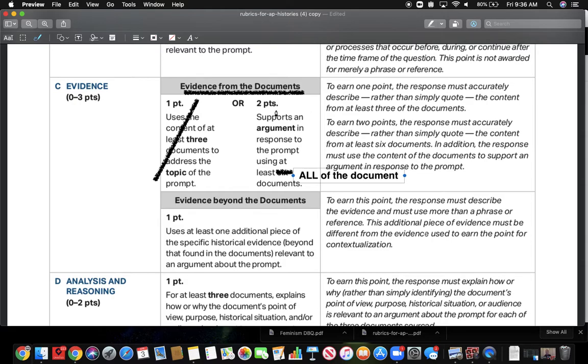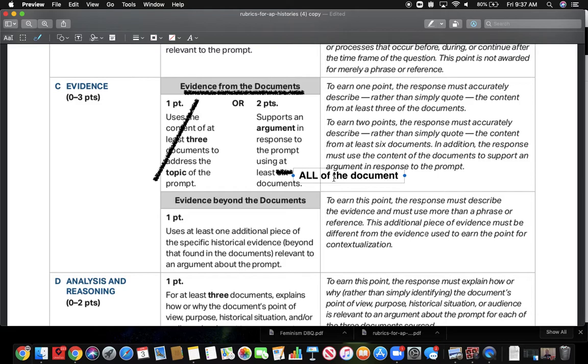In order to get that 2 points, you have to appropriately and effectively and correctly support your argument using evidence from at least 6 of the documents, or on the AP exam, 4 of the documents. But here's the deal. If you only use 4 of the documents and you misinterpret one, you automatically only get 1 point. I would rather you get the full amount of points.